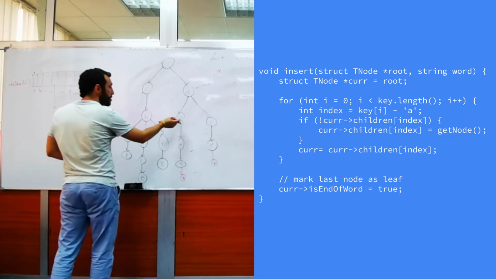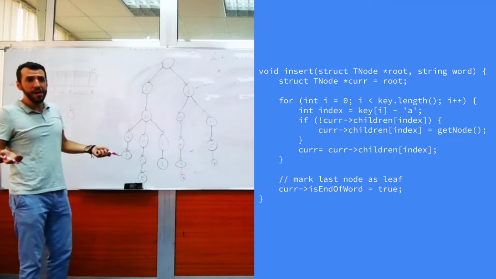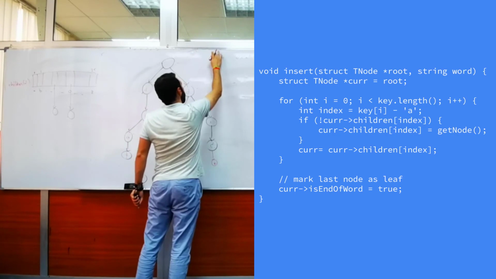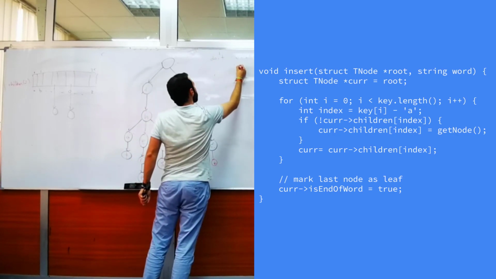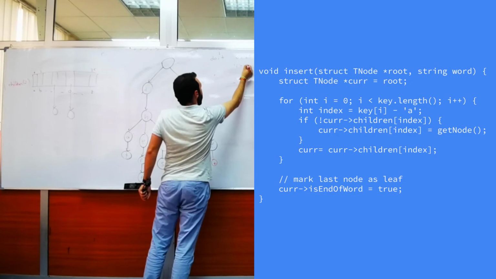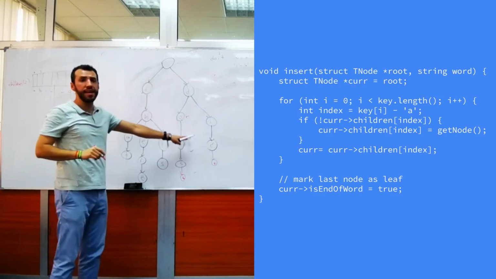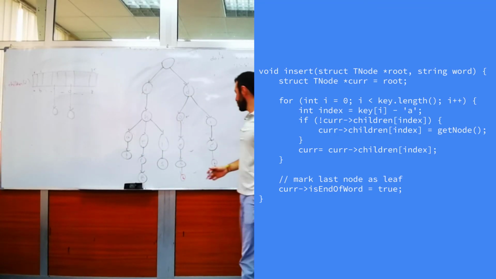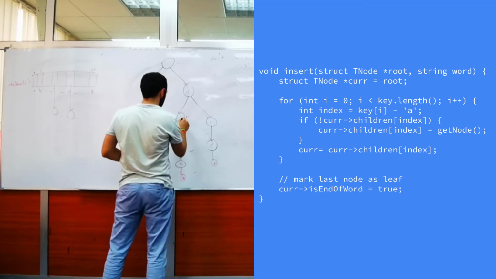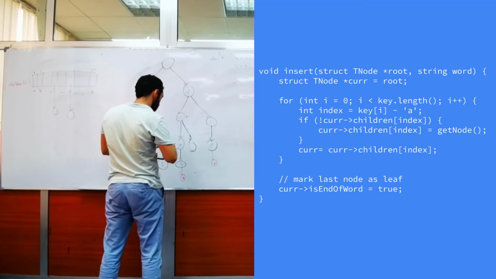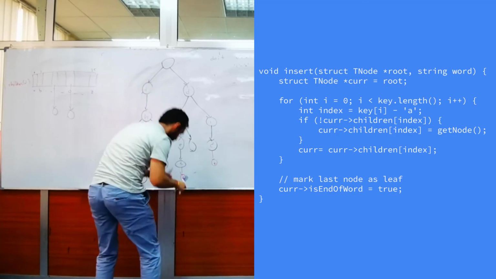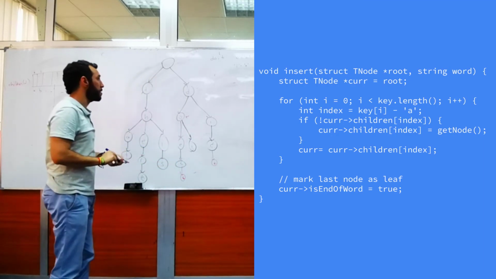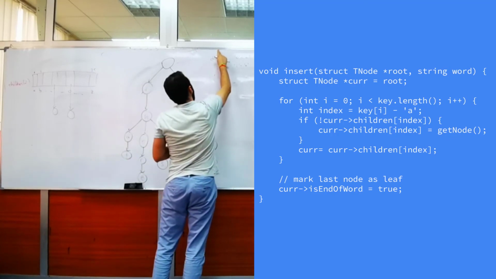Since there is already O, again, I do not make any creation. So the current progress is here. And my next character is I. Therefore, my index is going to be I minus A. And right now, I see that it doesn't exist. So this time, I execute this code piece and create a new node. And then I have I here. And finally, I move forward.